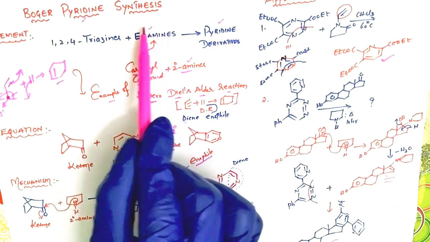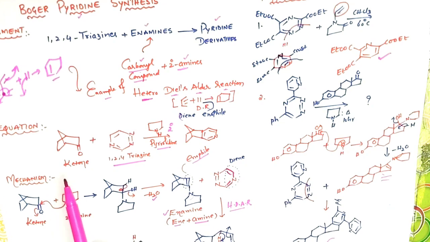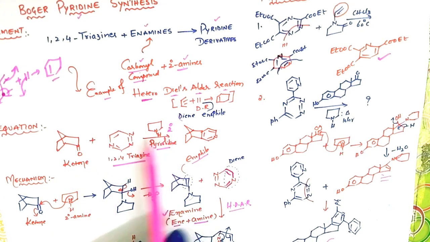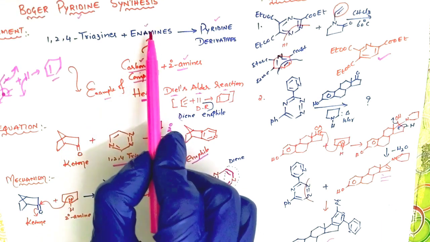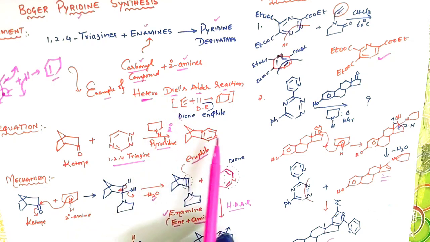That means indirectly we are producing enamines. So initially what will happen? The pyrrolidine secondary amine is treated with the ketone to produce an enamine. Thereby the enamine reacts with triazine to form the corresponding pyridine derivative.